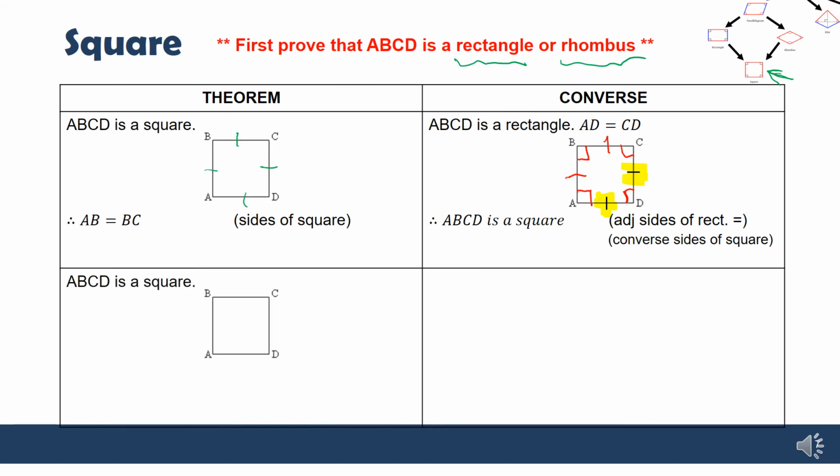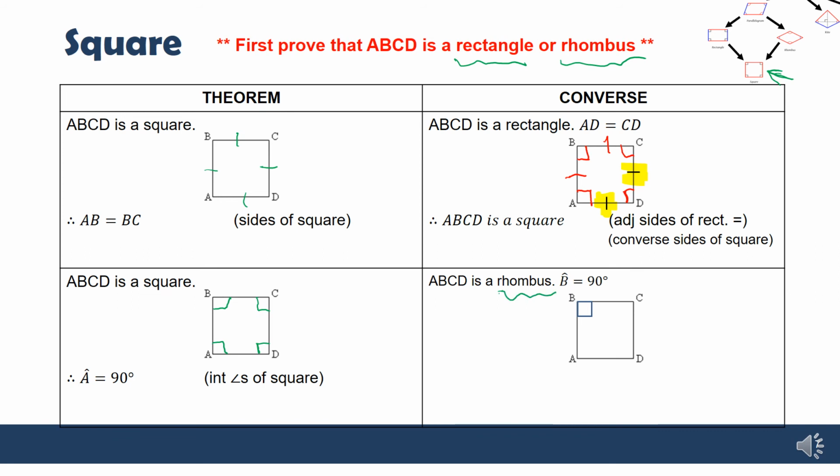The next thing that we know about the square is that all the interior angles are 90. So you could conclude that A is 90, or any of the other angles are 90, and say interior angles of a square. The converse of that, if we already know that it's a rhombus this time, then a rhombus has all equal sides.